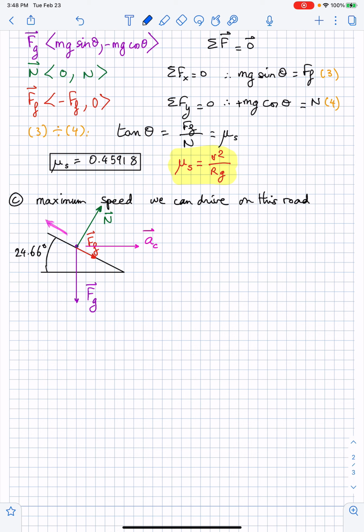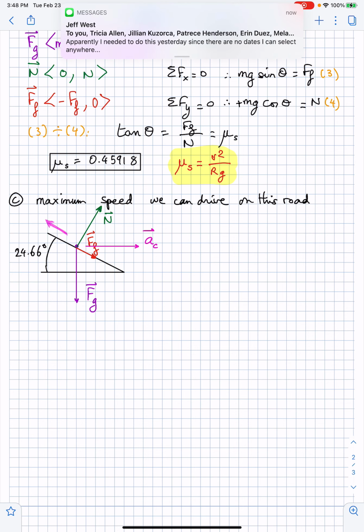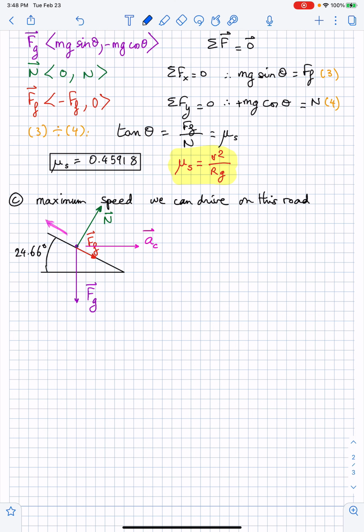So I'm going to define another x-axis and y-axis. Okay? I'm going to make my x-axis like this, my y-axis like this, and I'm going to express each one of those vectors with all of that. Okay, so for Fg, you're going to have a 0 in the x direction and negative mg.